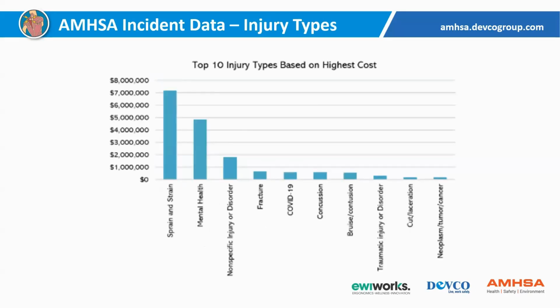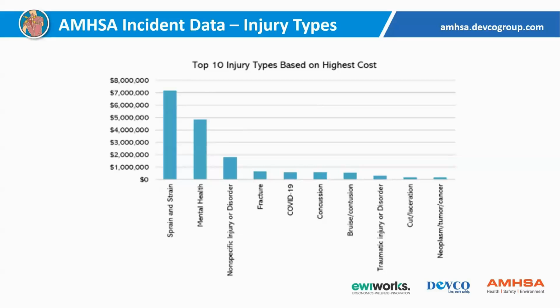If we look at the top 10 injuries based on highest cost, sprains and strains also leads that category. Now, the gap between the costs associated with sprains and strains and mental health claims is a lot smaller. Mental health claims are certainly a costly type of injury, and we can see that depicted in this slide.